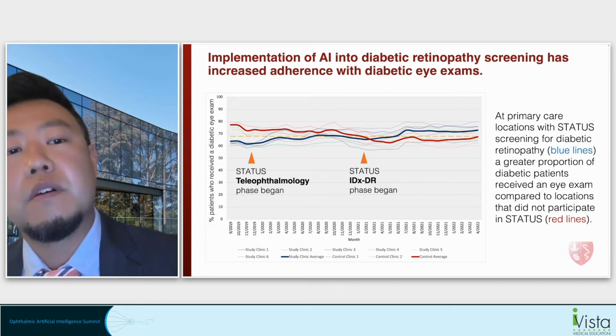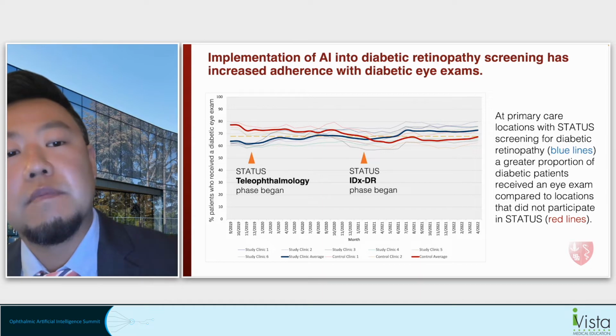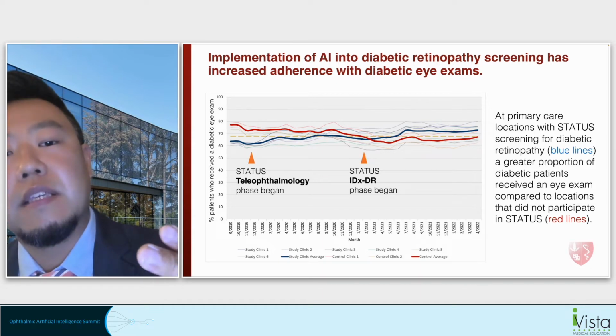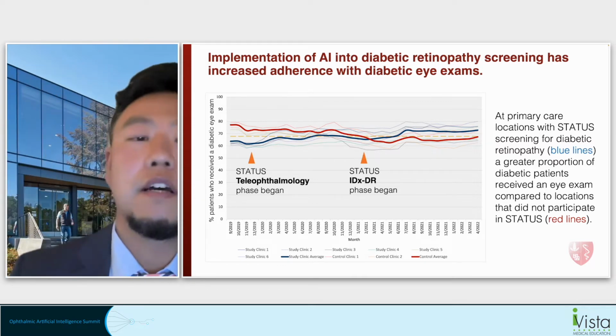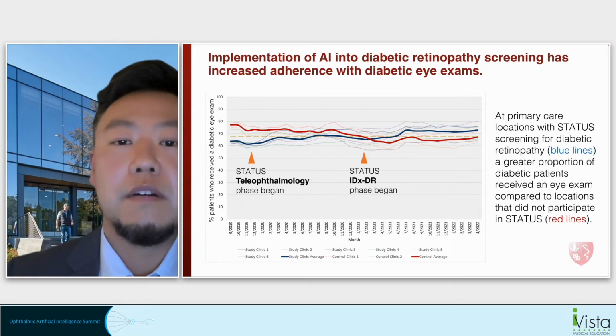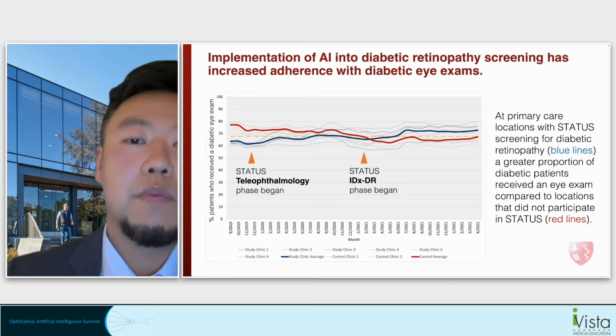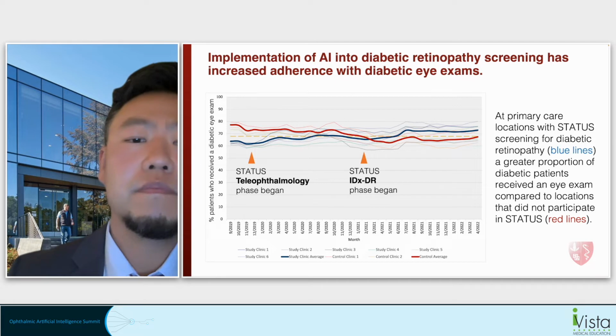Whereas we compared to those who we did not layer on top telemedicine or AI, over the course of the last couple of years, you see the ones that incorporated telemedicine and the AI system gradually increase and now are well over the 90th percentile mark, whereas those that did not, interestingly, have struggled. And so this is great evidence to us of the great improvement in quality of care we can provide through integration of AI and telecare into the system.